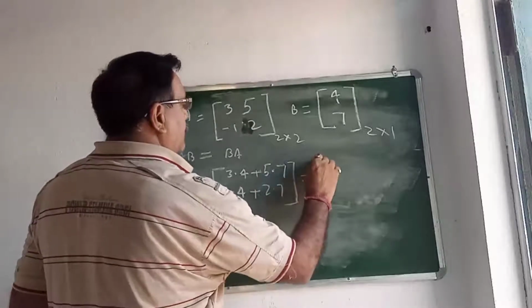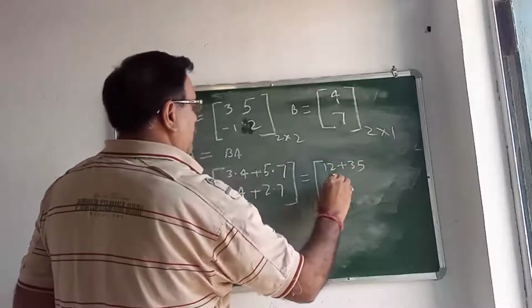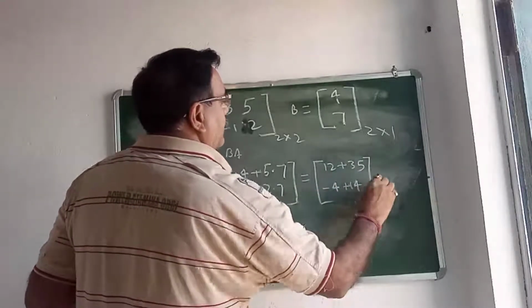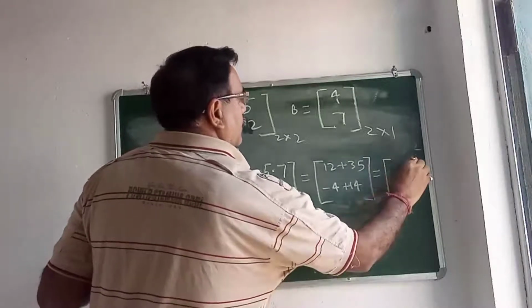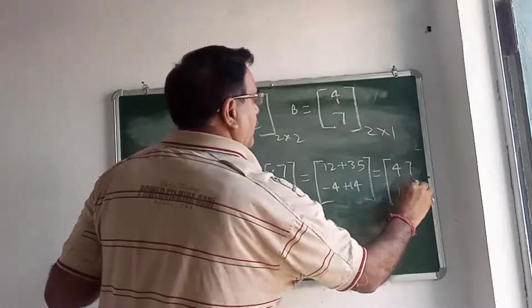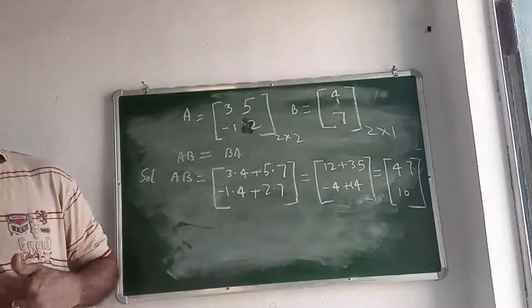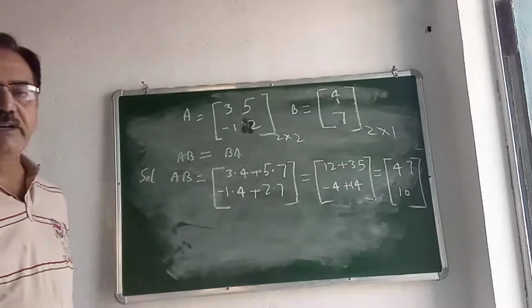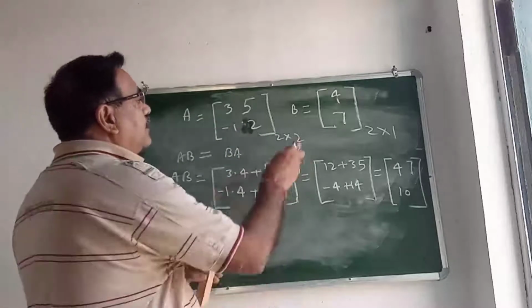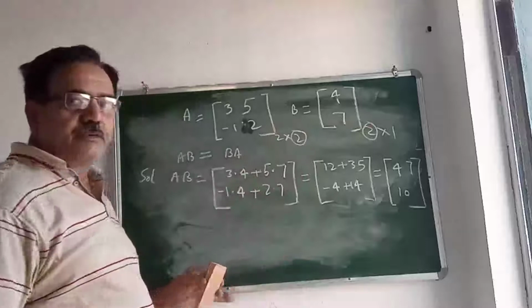So this is 12 plus 35, minus 4 plus 14, that is equal to 47 and 10. The column of the first, A, is equal to the row of the second, so multiplication is possible.